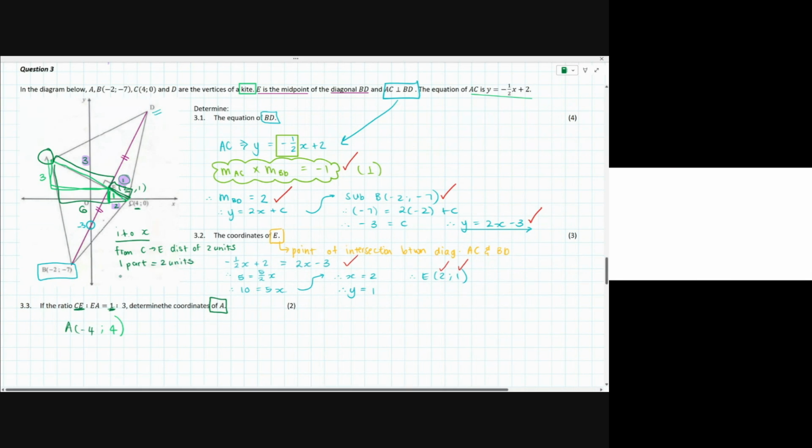So therefore, 3 parts, which is the EA, must be 3 times 2, so 6 units. So I need to go from E and move 6 units to get to A.